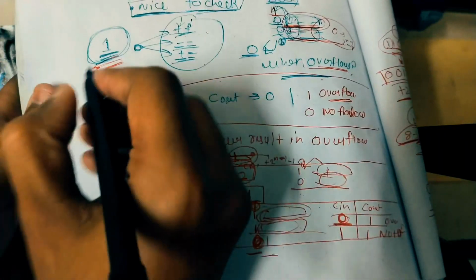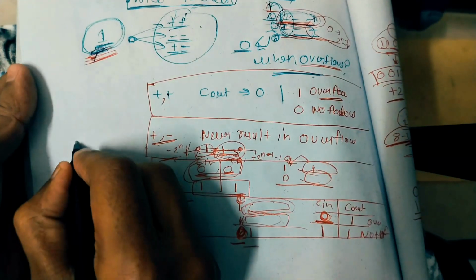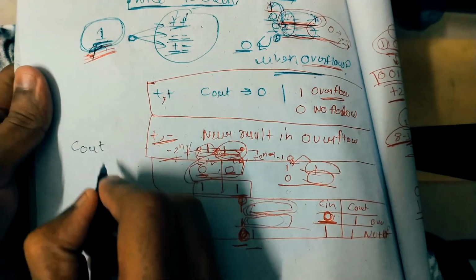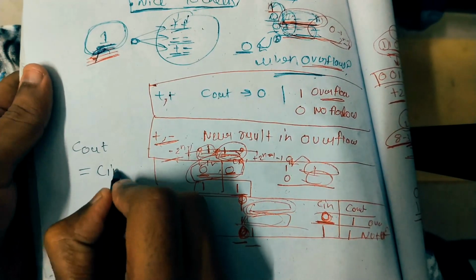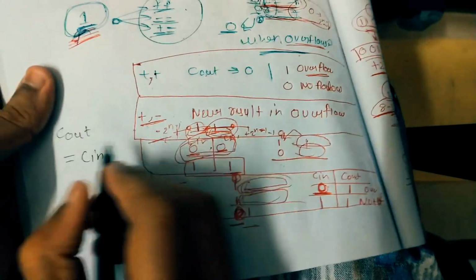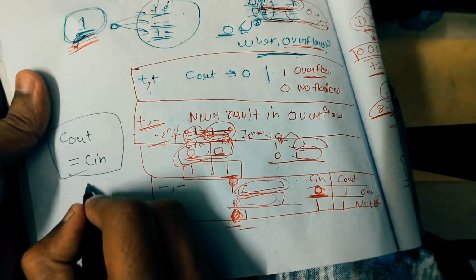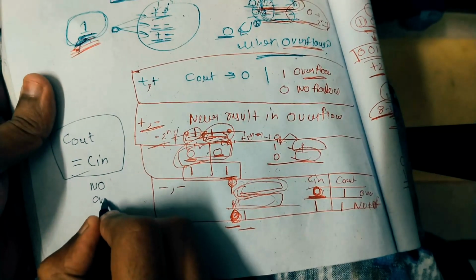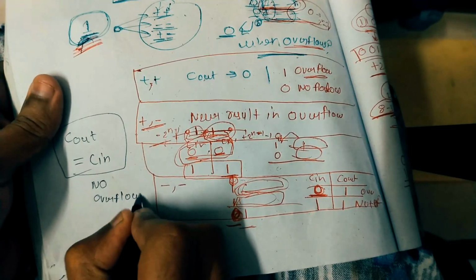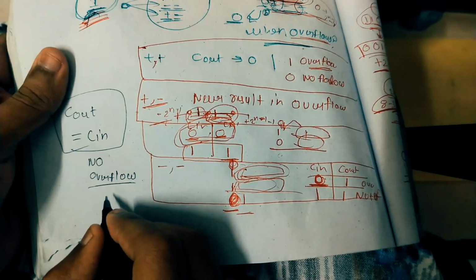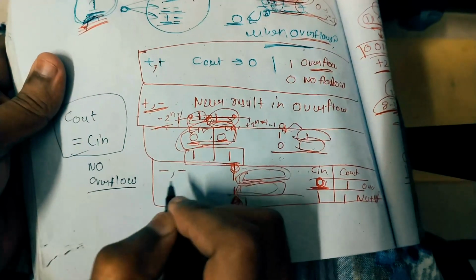The pattern is that whenever carry out is equal to carry in, there is no overflow. But when the carry out is not equal to carry in, there is overflow.